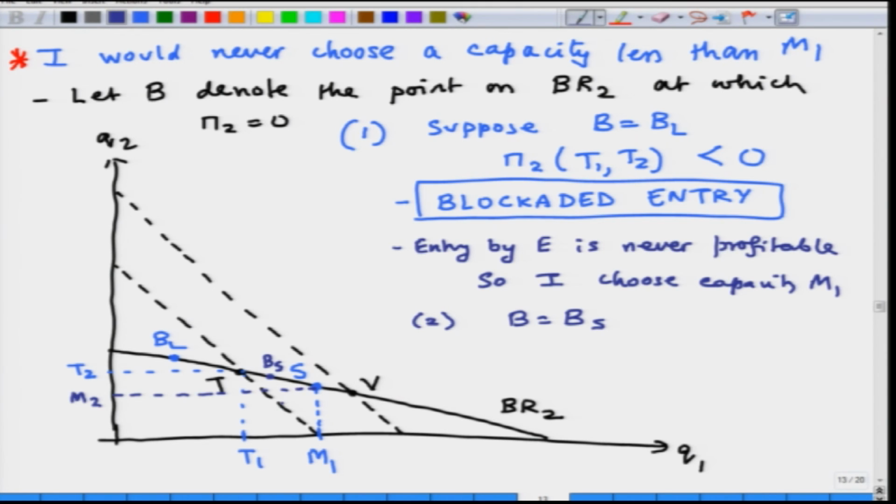In such a case, again the incumbent will choose to produce the monopoly level of output M1. So, suppose B is at BL or at BS, where the entrant breaks even at T2 but at M2 it is negative. The incumbent will still find it profitable to choose the monopoly level of output at M1.